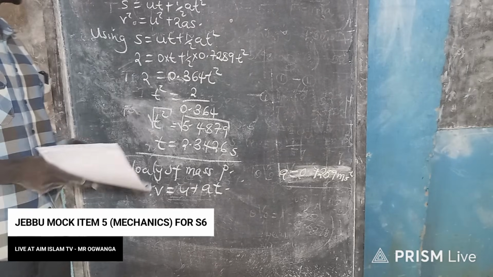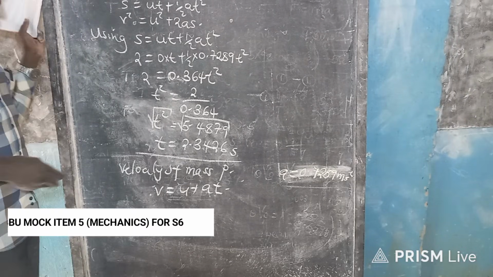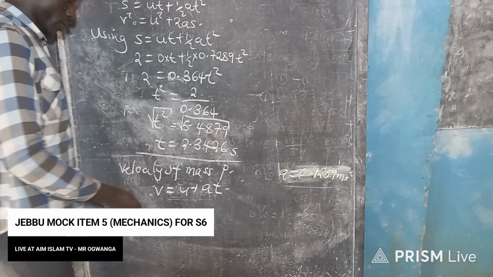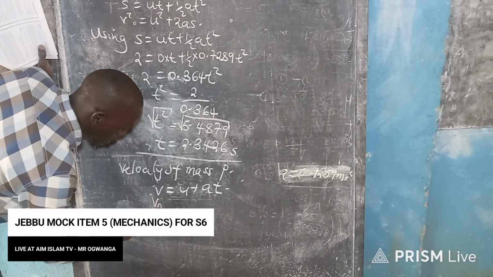Since mass P is not at rest, meaning this one here will be 0 because it is in motion. So we are going to have the V of P.